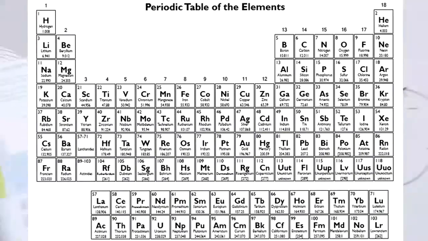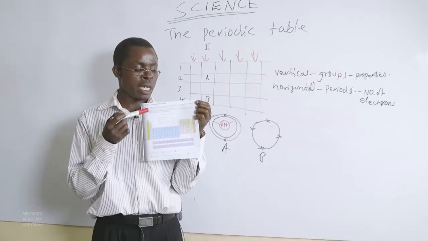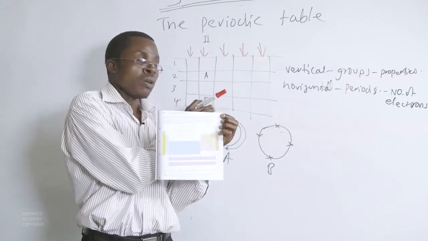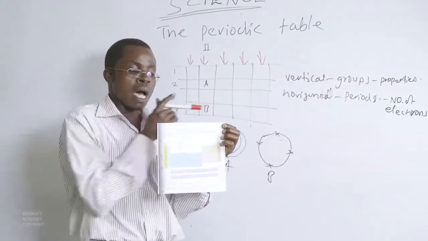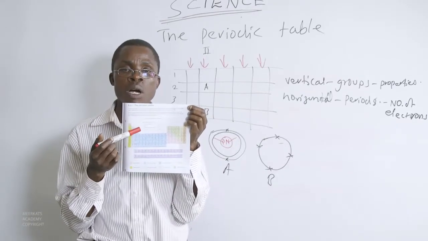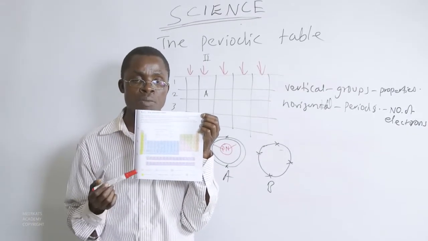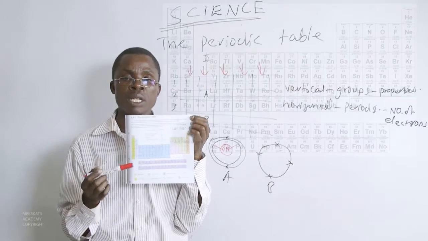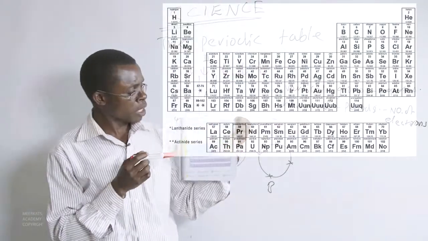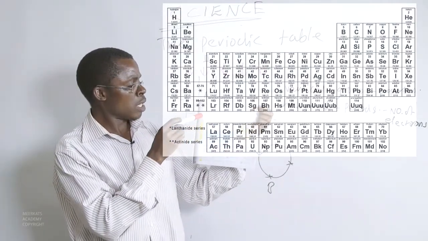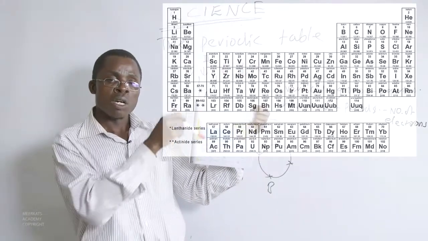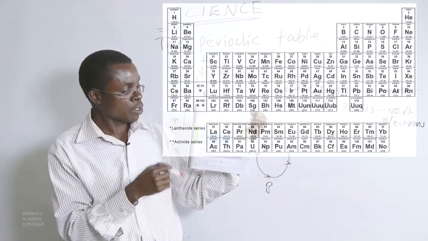Now, looking at this table, let's relate what I've just mentioned from the table I've drawn to the table I have on this paper, which we are calling a periodic table. In this periodic table, we have the columns that are going vertically, so many of them.